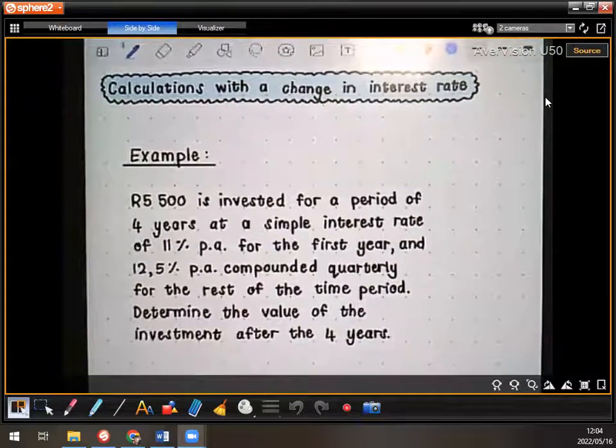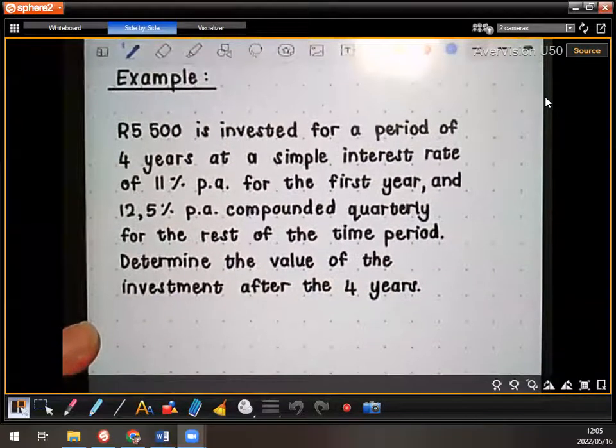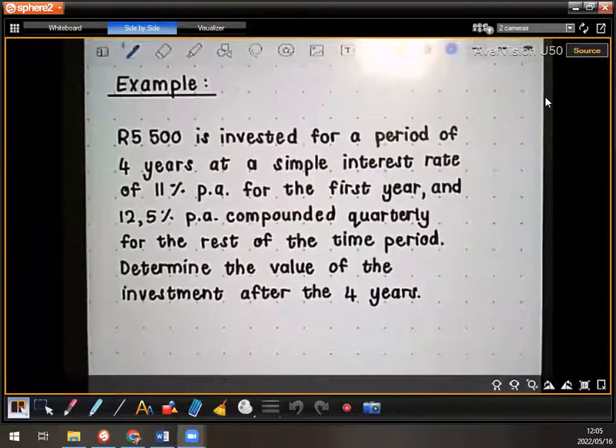Then I can zoom in a bit on the question. Sorry about all the writing. For tomorrow's ones, I will print them off for you.